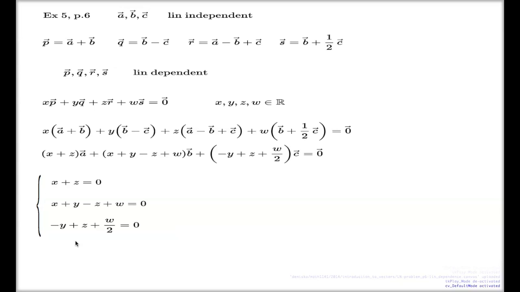The trivial choice 0, 0, 0, 0 will do. If I put x 0, z 0, y 0, w 0 across these identities, they will be true identities. But it's a trivial choice we're not interested in. Basically, this is all on the conceptual side of this example. The rest is just computation, the way to find these 4 numbers.